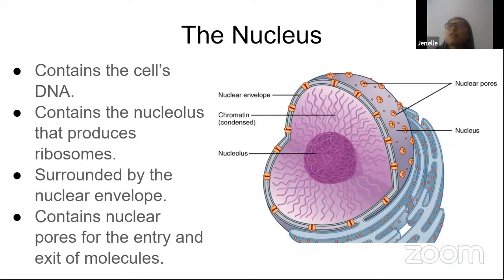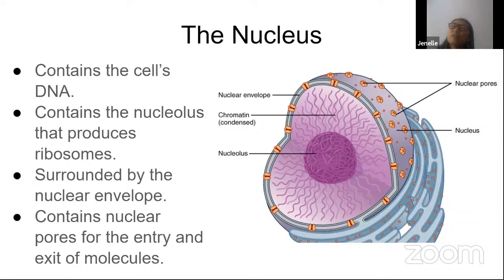Usually in processes like making mature mRNA, in the nucleus you would have the DNA being replicated, and there would be transcription occurring to make the premature mRNA. It gets processed, and after it becomes the mature mRNA, that's how it leaves the nucleus via these nuclear pores.